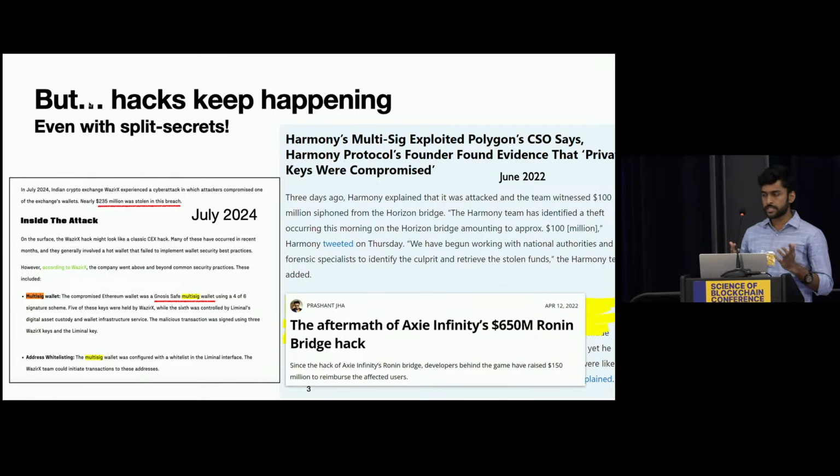And you'll see similar examples all across the board. So this state of things leads us to ask, is this the best we can do, or is there something better we can do to improve the security of these systems?